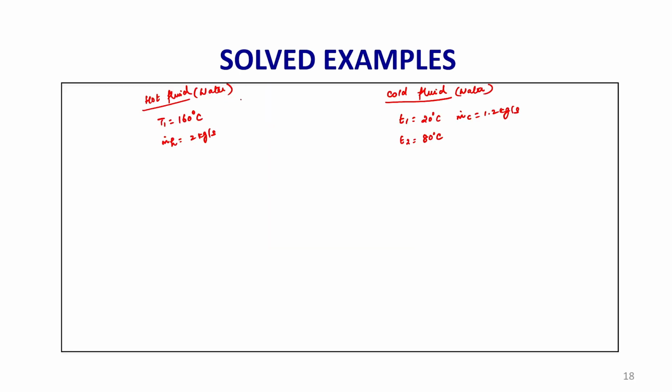So here capital T2 is not given, but 3 temperatures are given. Since 3 temperatures are given and both the mass flow rates are given, and both the fluids are water, we know the Cp value. Whether it is hot water or cold water, it is 4.18 kilojoule per kg Kelvin.